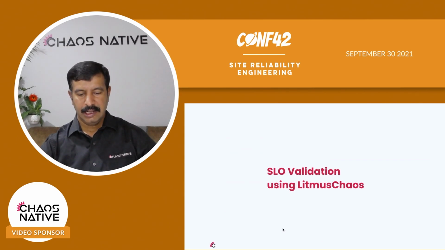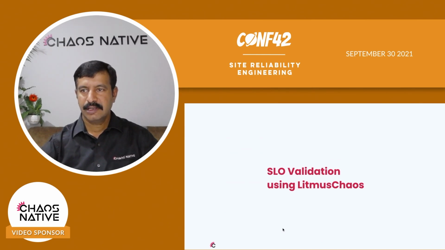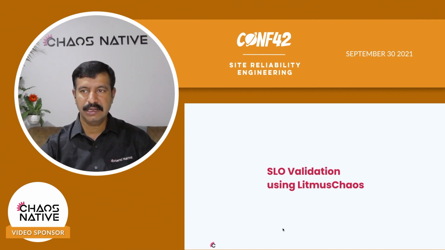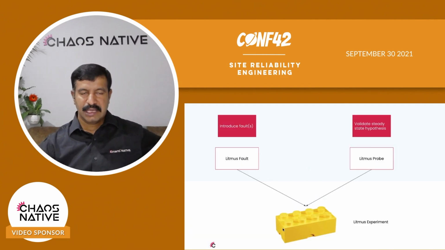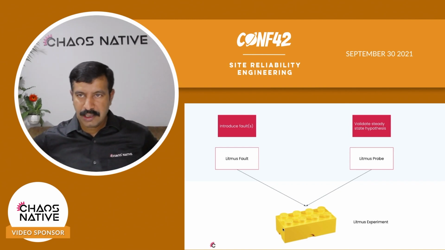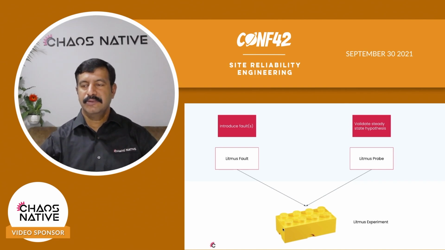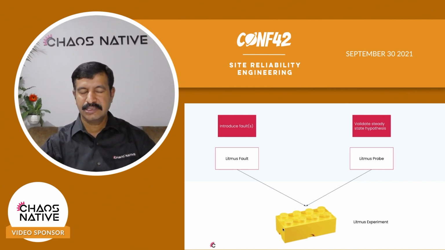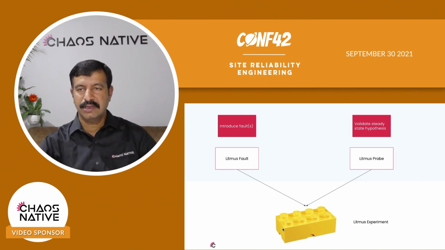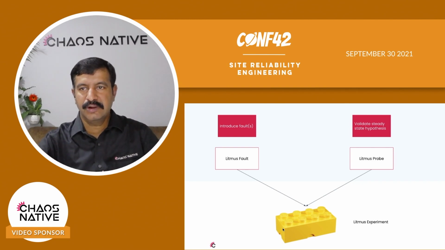Right? And let's look at how SLO validation happens in Litmus Chaos. So Litmus has, as a Lego block, as I call it, an experiment. The experiment has two parts, chaos experiment or Litmus experiment. One is about the fault itself.